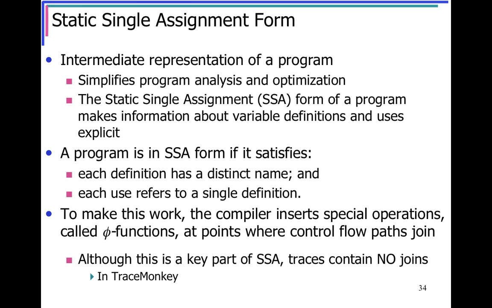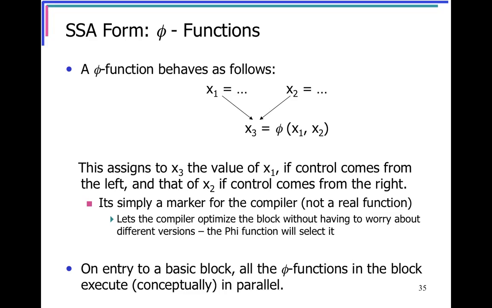To make this work, we have to insert a special operation into the instruction stream. Whenever you have a join on the control flow path, you're going to have what's called a phi function. A phi function is where two paths come together at a join, and since we may have definitions of the same variable that are unique on these different paths, we somehow have to join them.